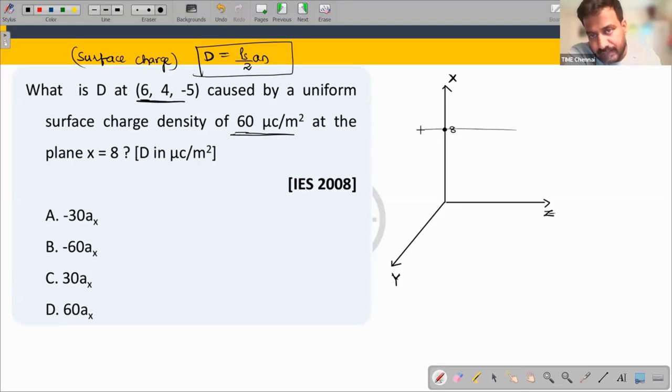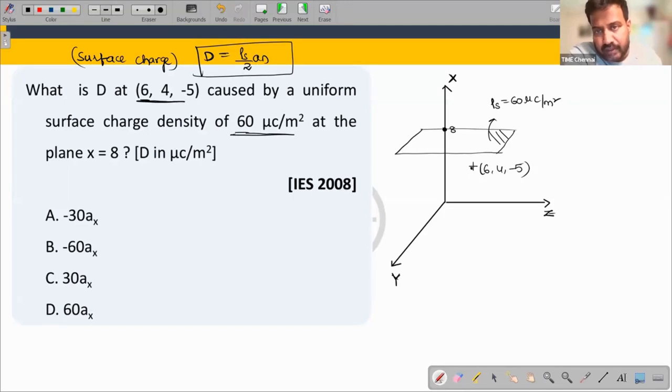The plane is here. The plane which you are talking about is the YZ plane, where the value of x is 8 everywhere. Therefore, it's called the x is equal to 8 plane. And this plane is carrying a surface charge density of 60 microcoulomb per meter square. He is asking to find the D value at 6 comma 4 comma minus 5.